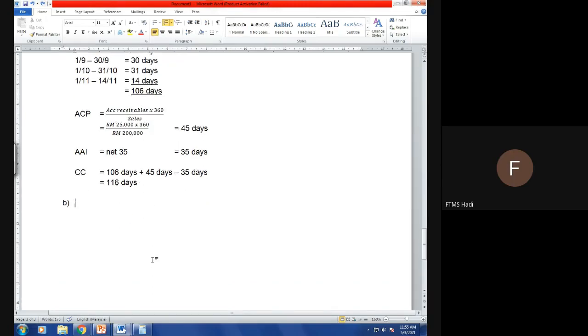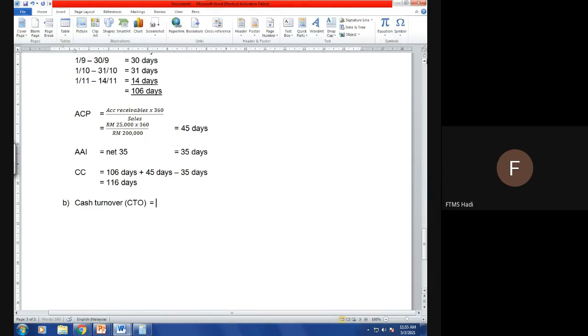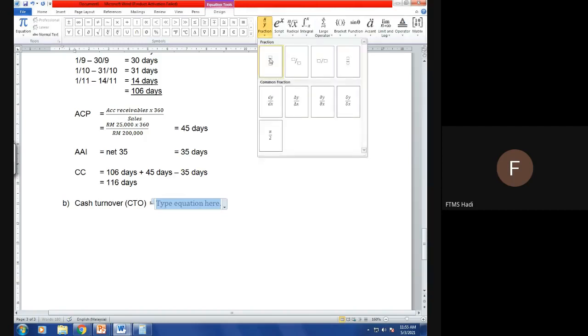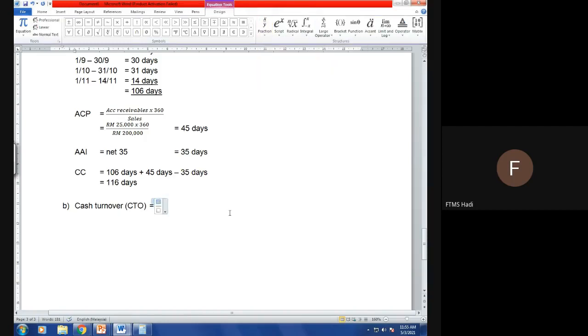For question B, we're talking about cash turnover. This is the simple formula, CTO. The formula will be 360 divided by CC, the cash cycle.